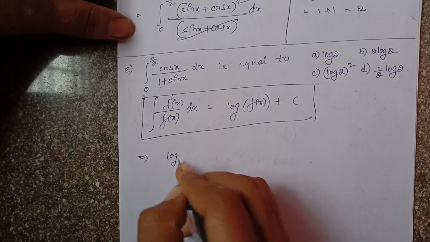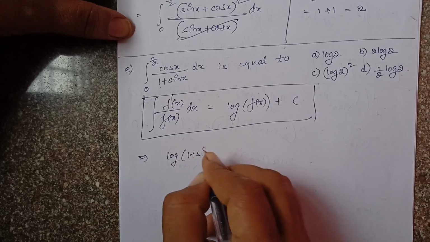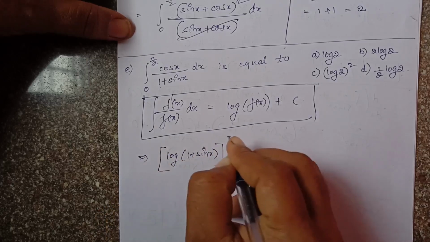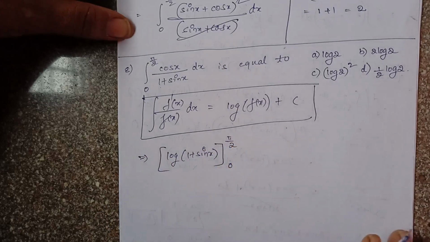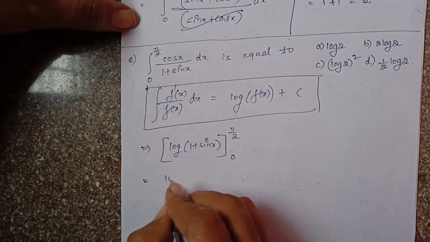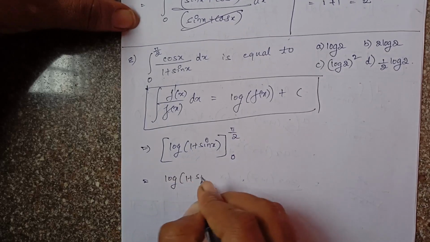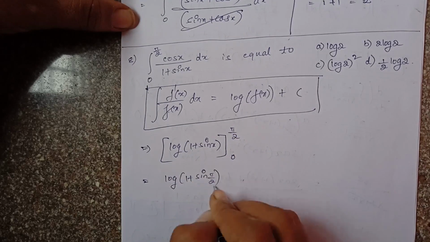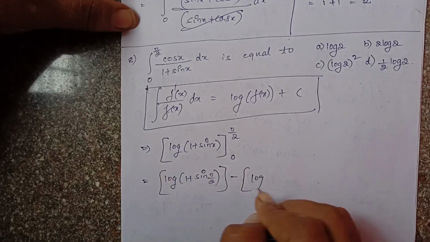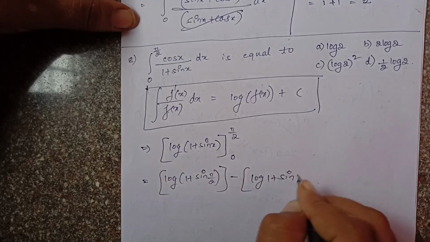Now the answer is log of 1 plus sin x from 0 to pi by 2, upper limit. Substituting the upper limit, log of 1 plus sin pi by 2 minus, substituting the lower limit, log of 1 plus sin 0.